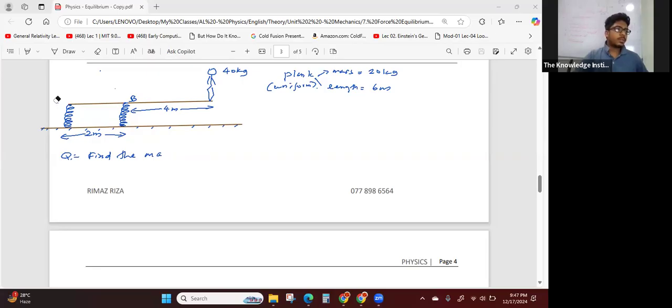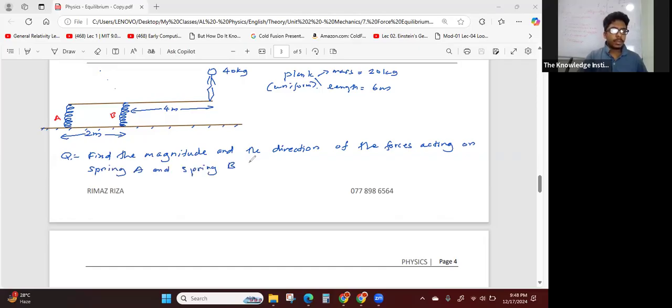I take this spring as A and this is B. So the question is, find the magnitude and the direction of the forces acting on spring A and spring B by the plank.